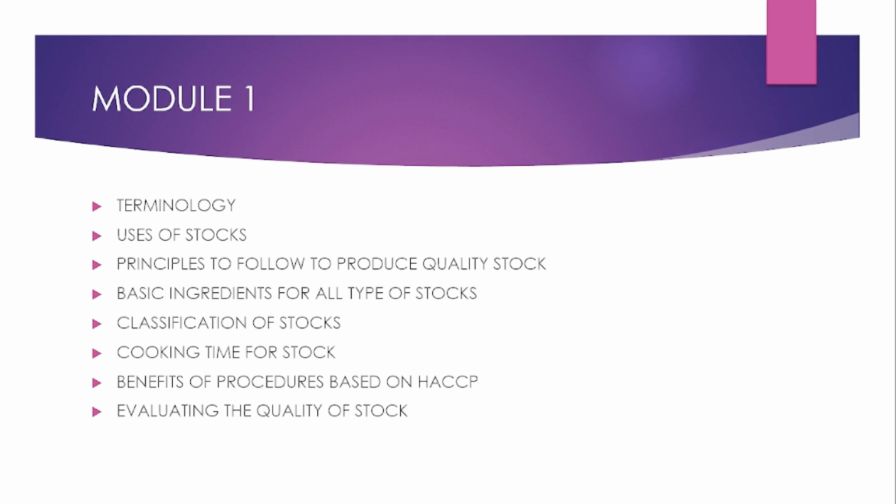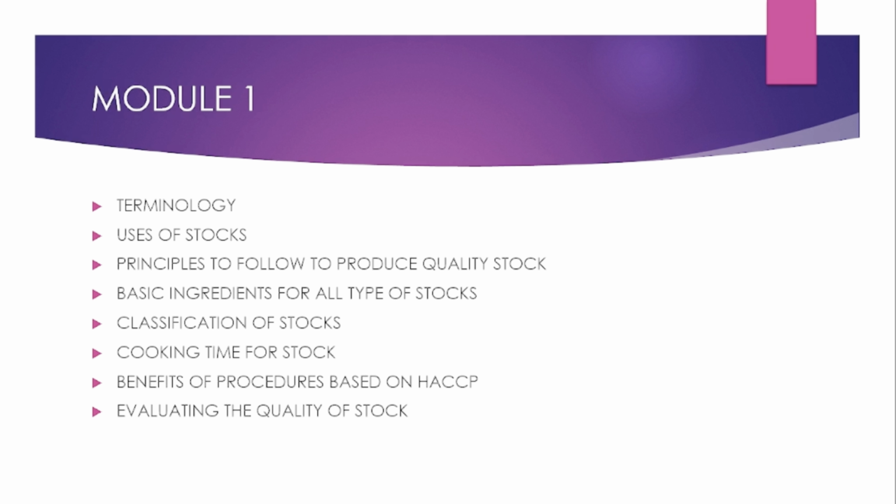So the classification of stocks. Now we are looking into the classification. You see, classification is always important because, if you follow my channel, you know that we don't skip classification from N4 until N6.